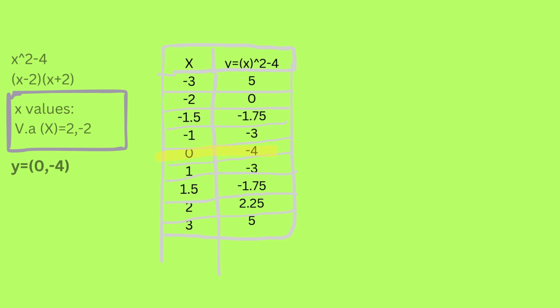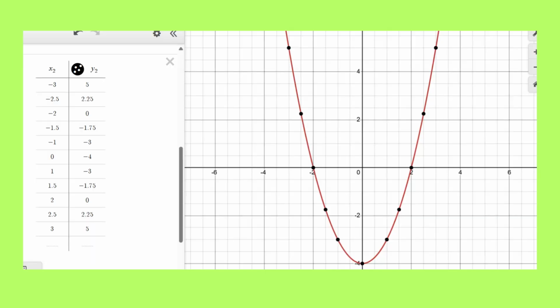You substitute your x value into the equation of the quadratic function, and these are the values I got. And here's how the graph looks for the quadratic. So you can see the negative 2 and positive 2, negative 4, and so on. You could see how most of the points are placed.